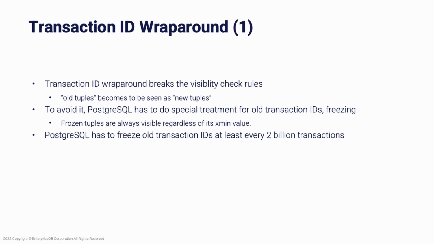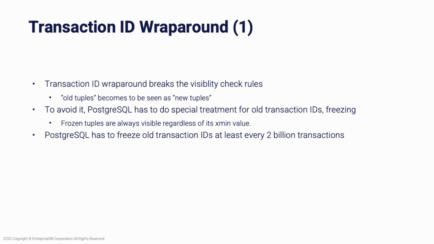Transaction IDs 0, 1, and 2 have special meanings, so the first transaction ID is 3. Since it's used for visibility checks, after wraparound the rule breaks, so all tuples look like they are in the future and will become invisible to new transactions.